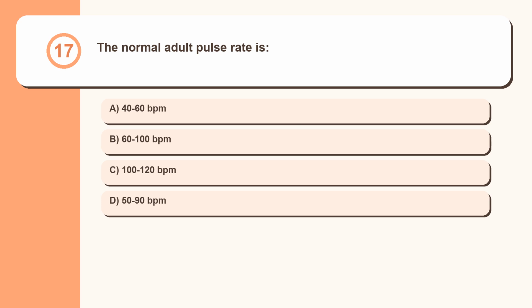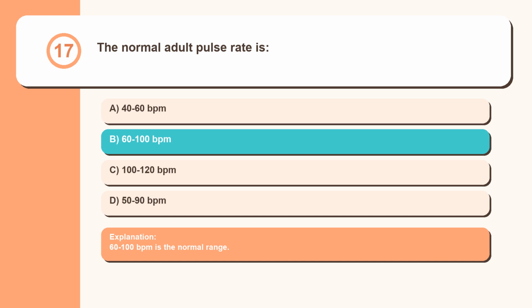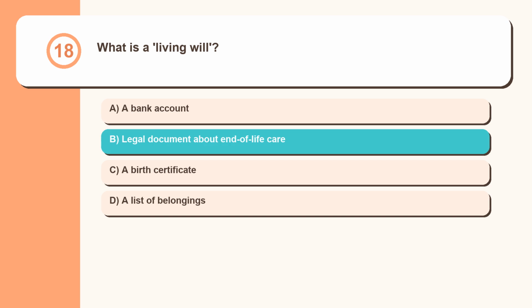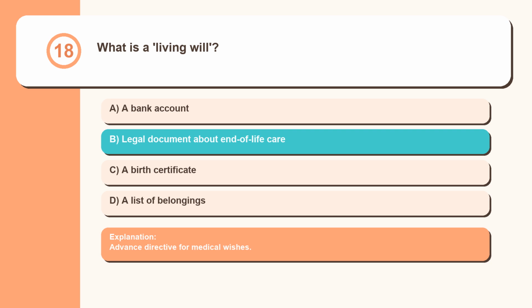The normal adult pulse rate is 40 to 60 bpm, 60 to 100 bpm, 100 to 120 bpm, 50 to 90 bpm. 60 to 100 bpm is the normal range. Question 18. What is a living will? A bank account. Legal document about end-of-life care. A birth certificate. A list of belongings. Advance directive for medical wishes.